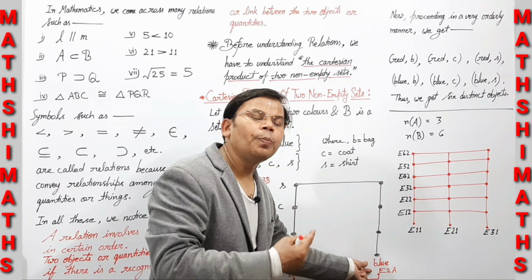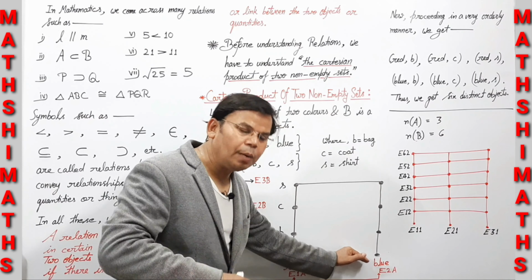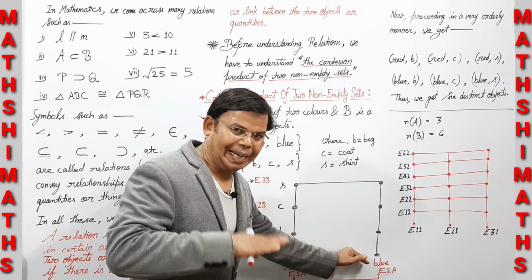So you have seen that at this point, which is the bottom side and left hand side, we represent the first element of set A, and on the other side at the bottom we represent the second element of set A. From this point, you can see properly, we start to write the elements of set B. Here we write the first element of set B, then the second element, then the third element.